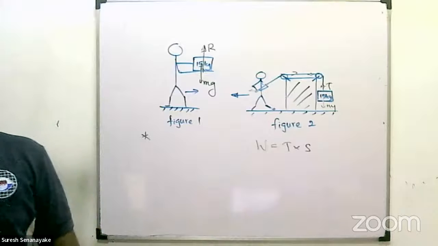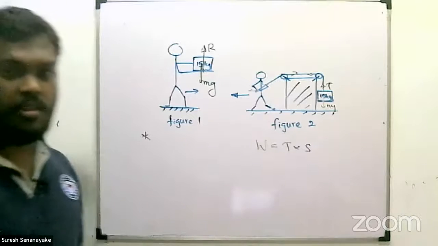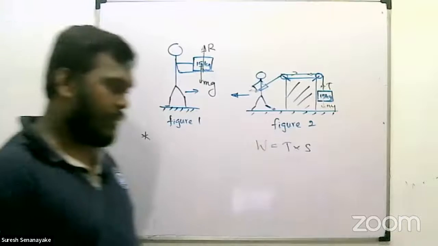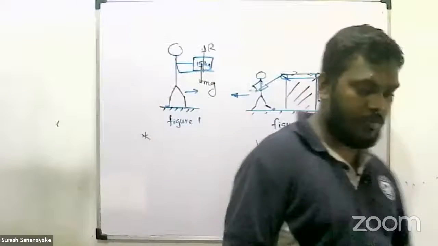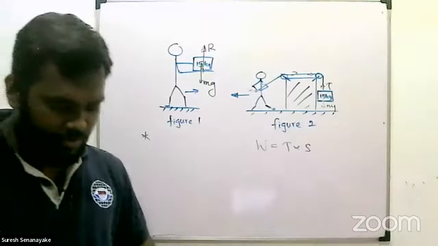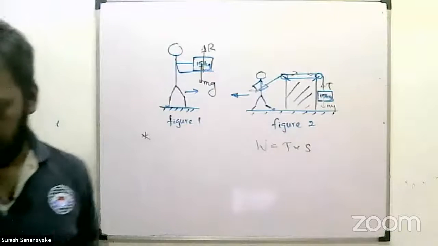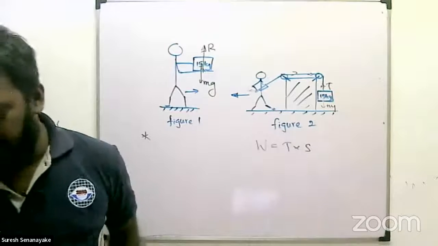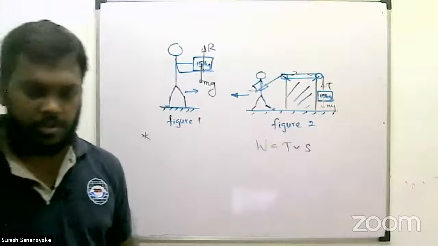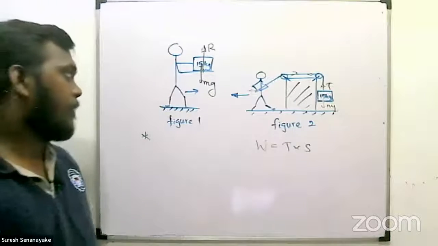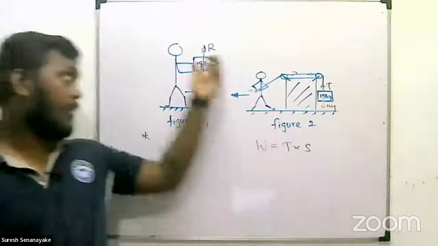Because the displacement of the block is perpendicular to the force applied by him on the block. That's capital R, right?